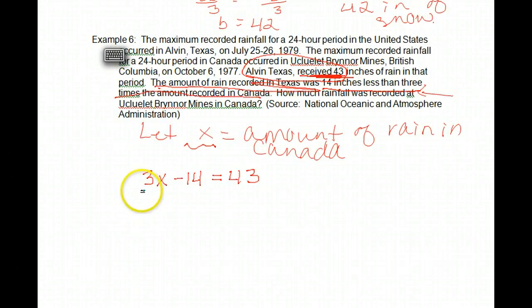So I have an expression equivalent to Texas, and I have a total equivalent to Texas. Because my expression represents Texas, and because my amount represents Texas, they are equivalent, and I'm allowed to set them equal to each other.